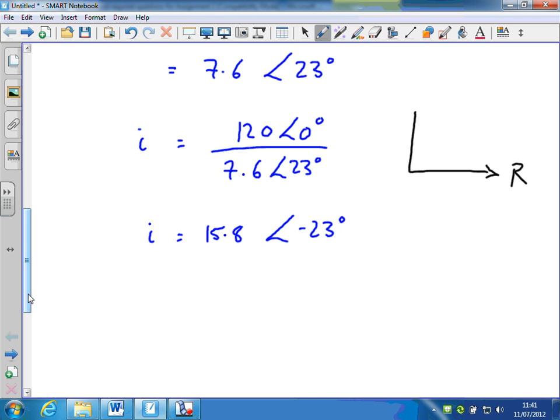So there's our answer. The current is 15.8 amps, and because it's minus, it's lagging the voltage by 23 degrees.